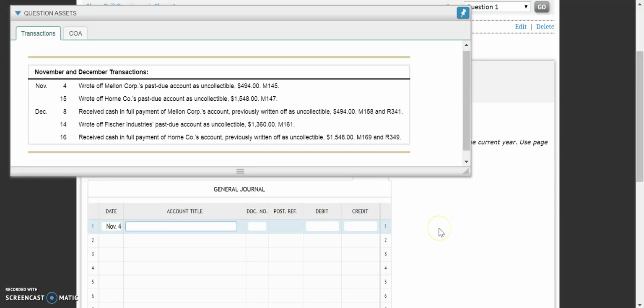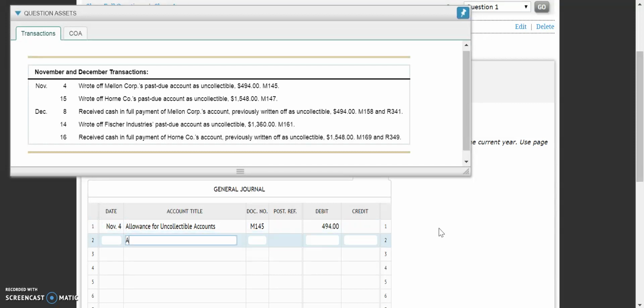And then we need to remember what is going to get the debit. In the situation where we're writing off something, it means it needs to come out of allowance for uncollectible accounts, and it also needs to come out of accounts receivable. So the debit actually goes to the allowance for uncollectible accounts. That has a normal credit balance, so that's getting debited for the full $494.